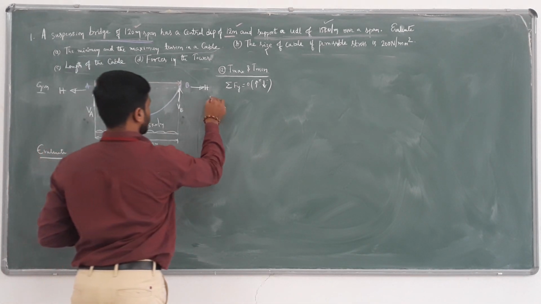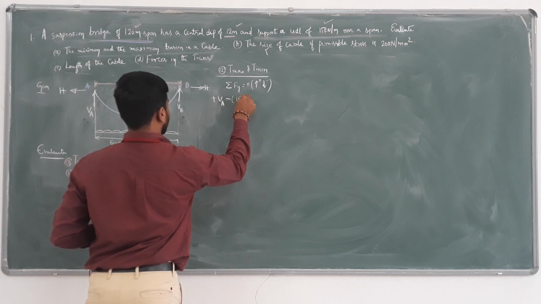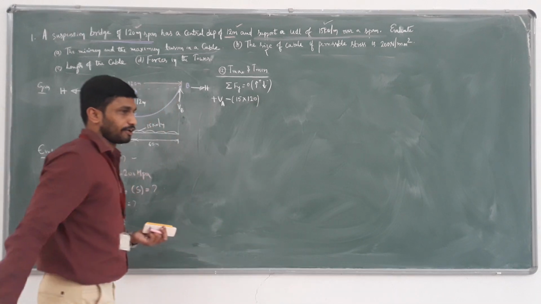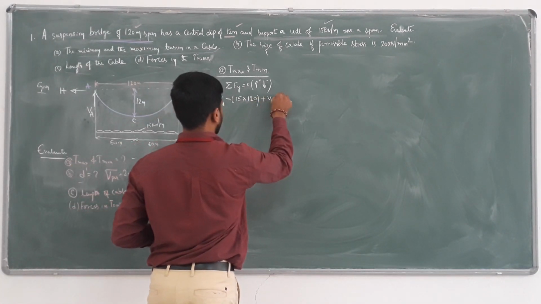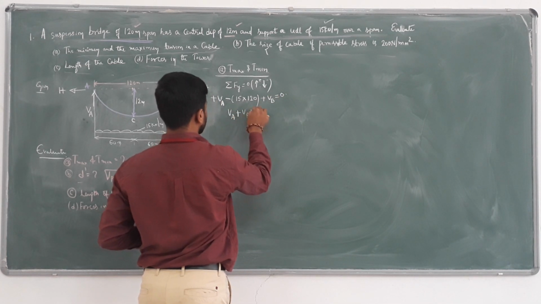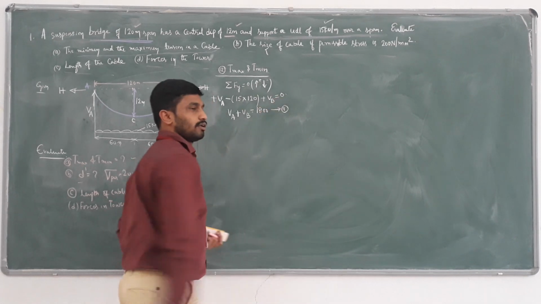So plus VA minus UDL, converting the UDL into a point load, 15 into 120, plus VB equals 0. We get VA plus VB equals 1800. Say equation number 1.